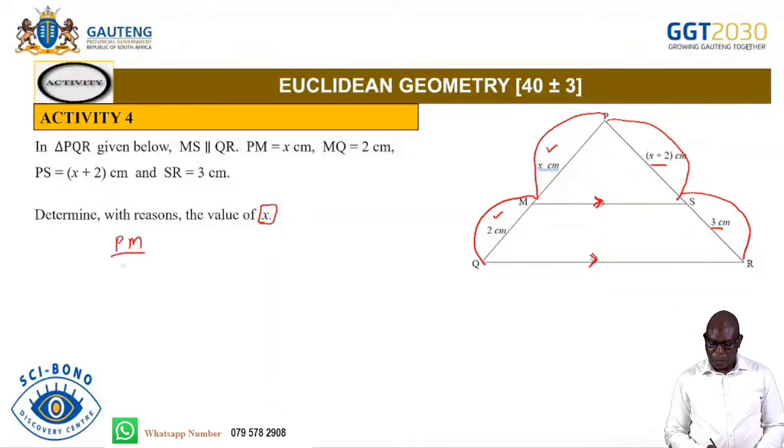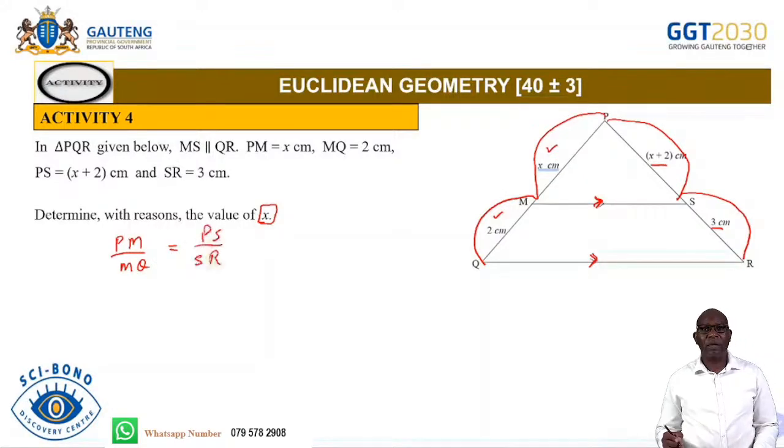PM over MQ is equal to PS over SR. Then I write down the values and just solve for x. My PM is x, my MQ is 2, PS is x plus 2, and then my SR will be 3.